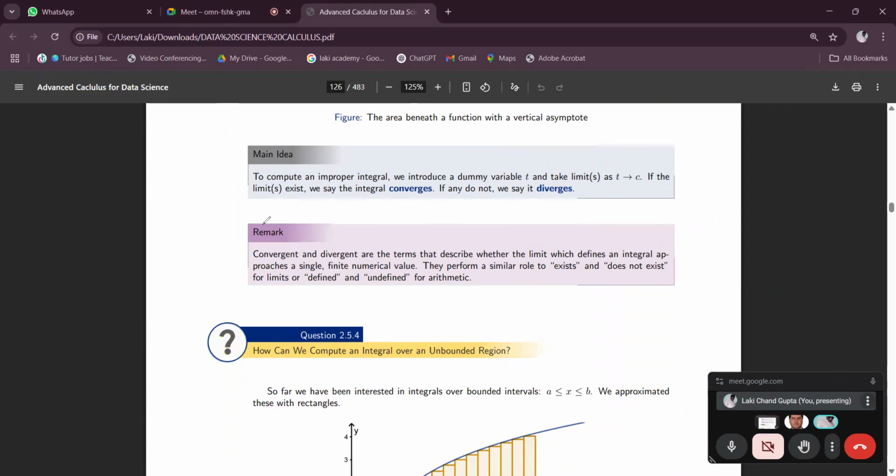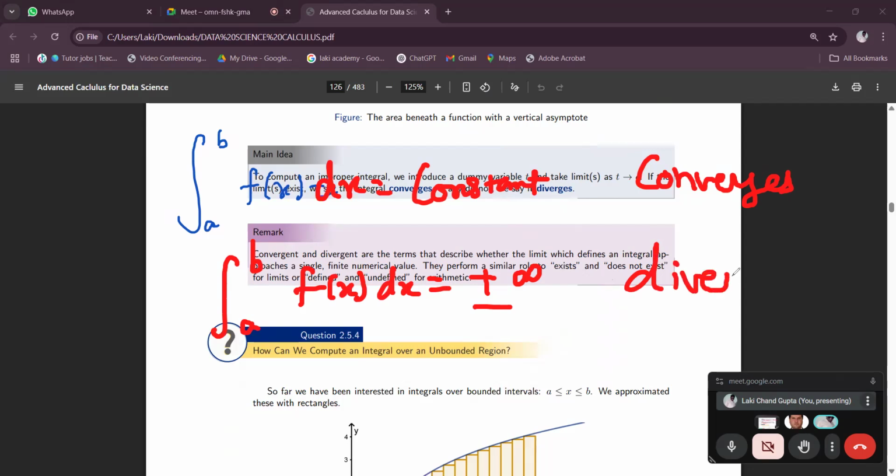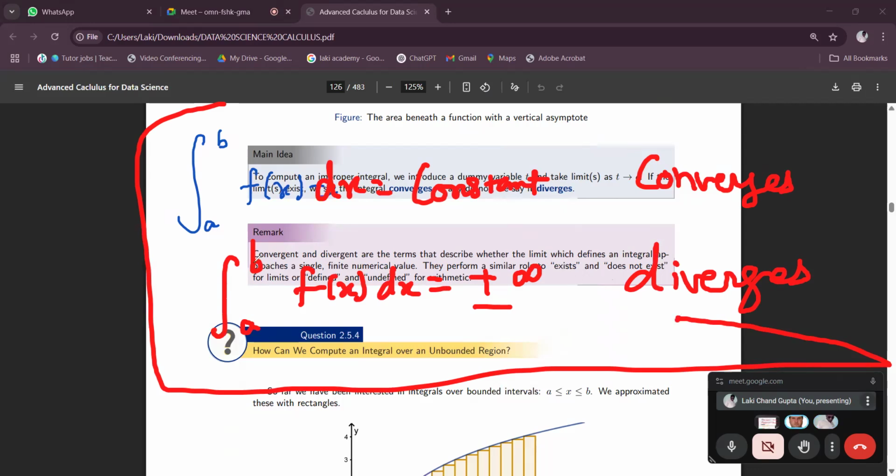When the integration of any function is constant, constant meaning other than infinity or minus infinity, then you can say the function converges. And when the value of the function reaches infinity or minus infinity, it diverges.